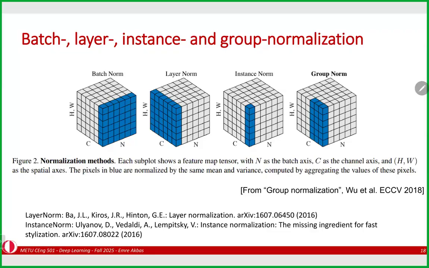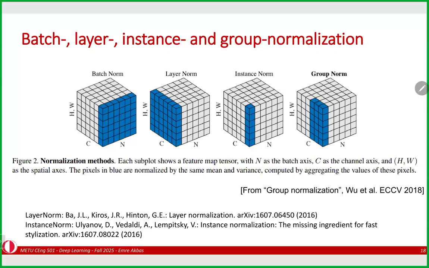Layer norm, on the other hand, takes a normalization in the channel dimension, not the example dimension. Instance norm takes the average of each example, and group norm does something in between. It's very flexible. So it's never in the data dimension.